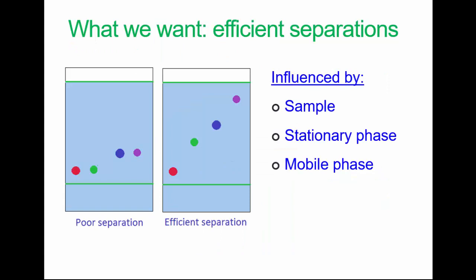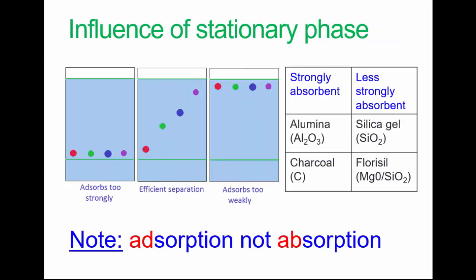As in many analyses, method development is the most important part of the process. Here this focuses on the choice of stationary phase and mobile phase to ensure an efficient separation. And we've got examples of poor separation and good separation there. Just a quick clarification, a couple of words. The process here is adsorption, not absorption.